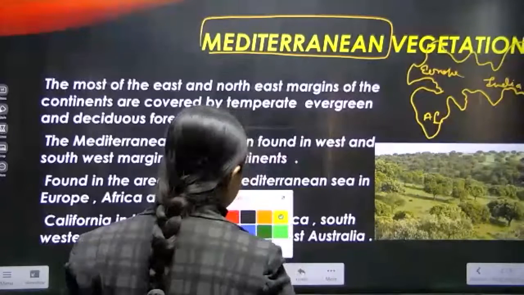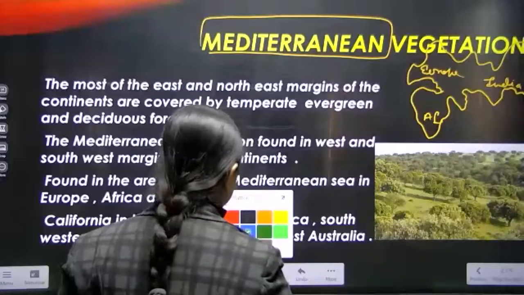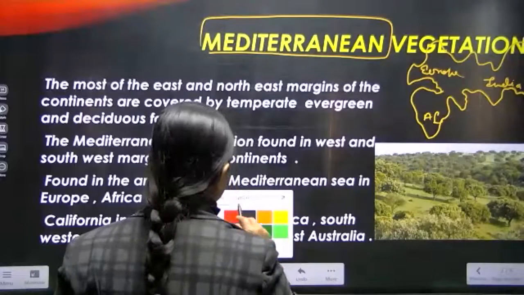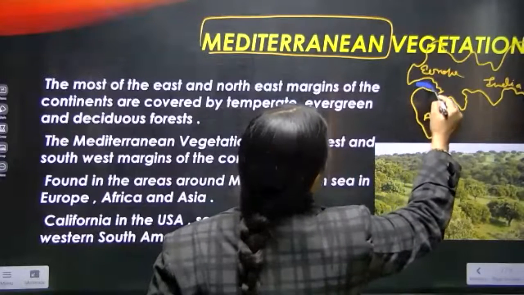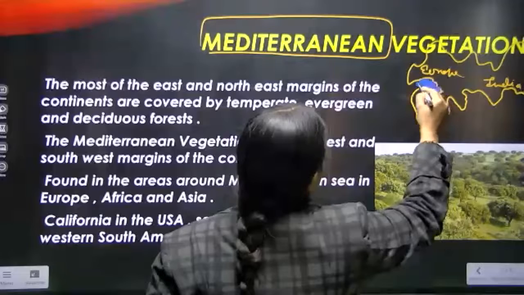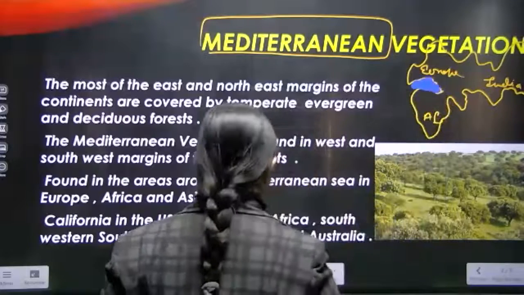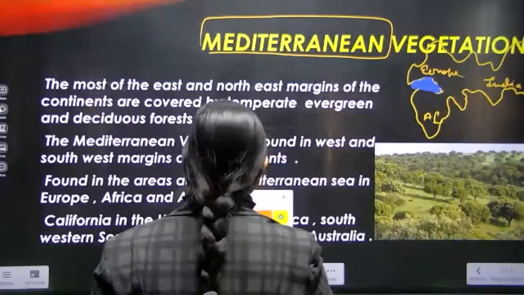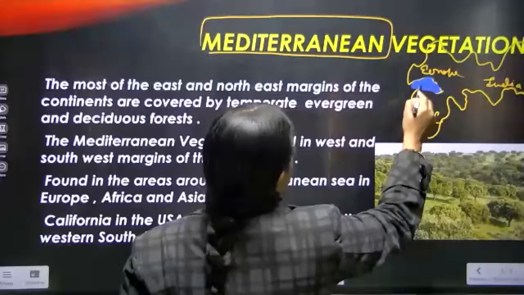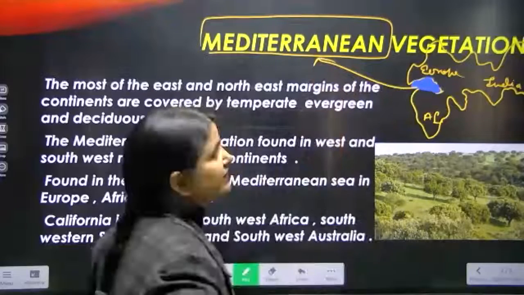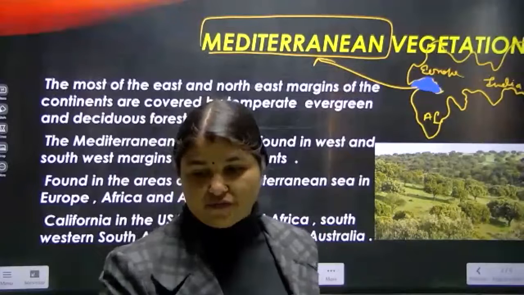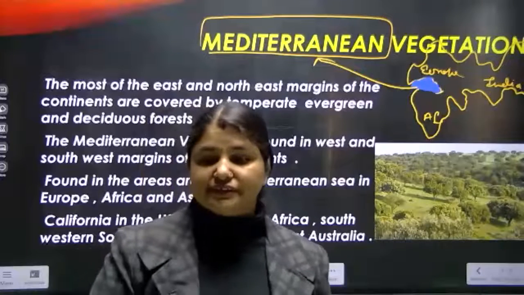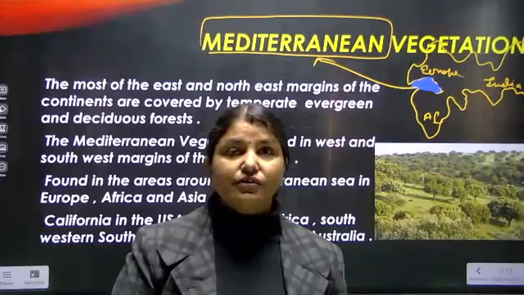Now the area in between, just look at here. This one area is the Mediterranean Sea, which is located in between Europe and Africa. This is the Mediterranean Sea, which is located in between Africa and Europe.